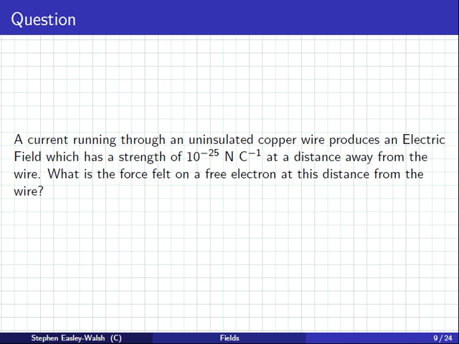Oh, sorry, I'm not even reading my own question right. This is disgraceful. I'm so sorry. I've given you the E, haven't I? I've given you the E and I want the force F. So F equals EQ. It should be very small.